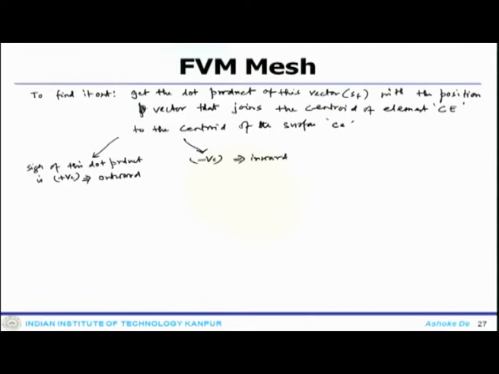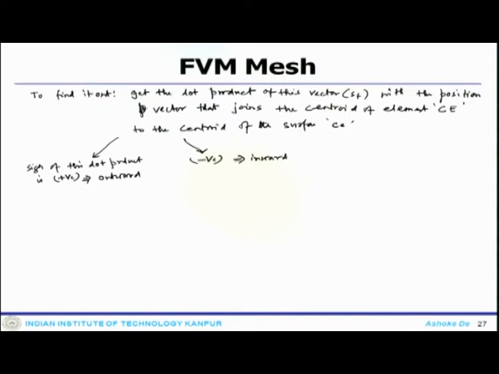So, on one hand you get the calculation of the surface vector, then you find out the direction of the surface vector. So, these are the two important things one has to have, and if you just recall from your unstructured grid system, you need to have both the calculation of the vector and their dot product.